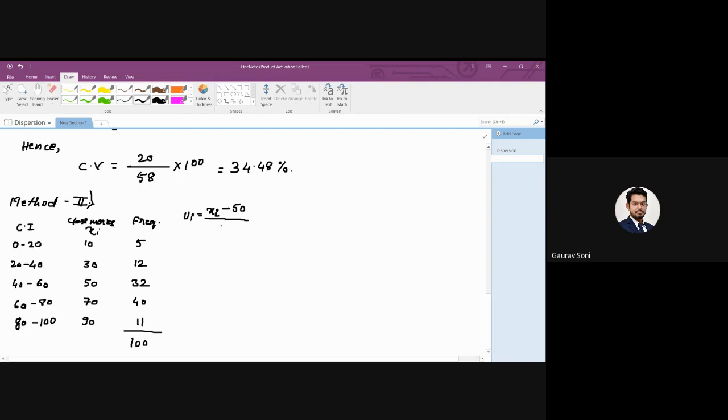So a better one is 20. You can also do 10 or 5, but you need to take this entry in such a manner that the values become very small. So the first ui: 10 minus 50 is minus 40, by 20, which is minus 2. The next one will become minus 1, 0, the next one is 1, and 2.